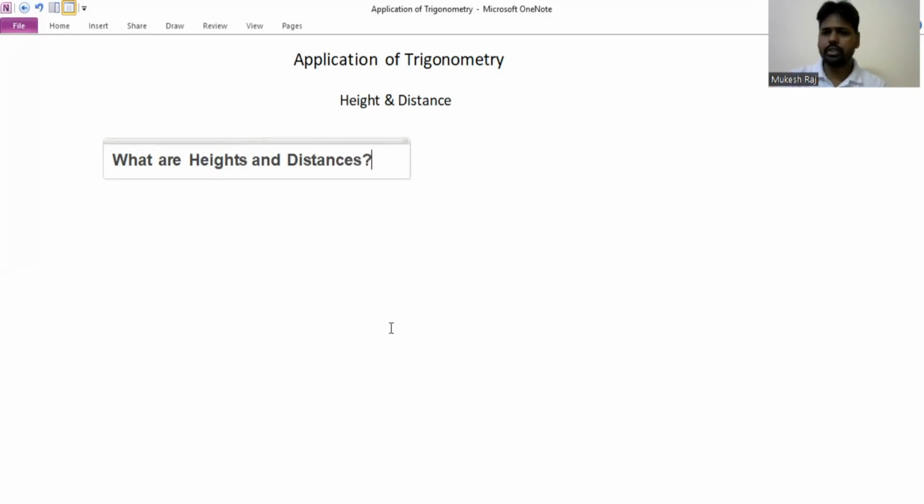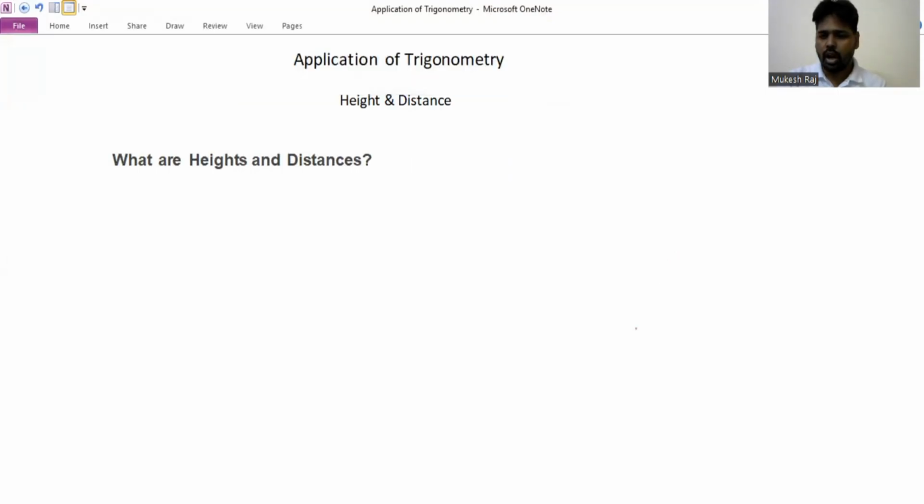The answer to this is that the perpendicular height or the perpendicular distance that is measured above the horizontal line of axis or above the ground is known as the height, and the distance is the horizontal measurement along the x-axis, or along the horizontal axis. So this is how we can understand what exactly height and distance are. Let us see this with an example.